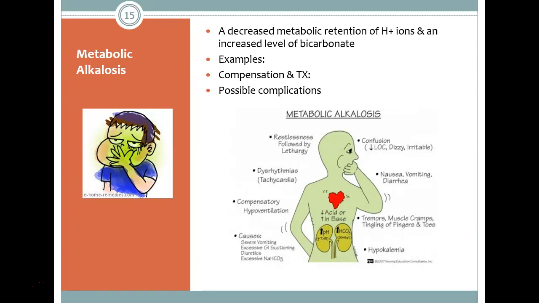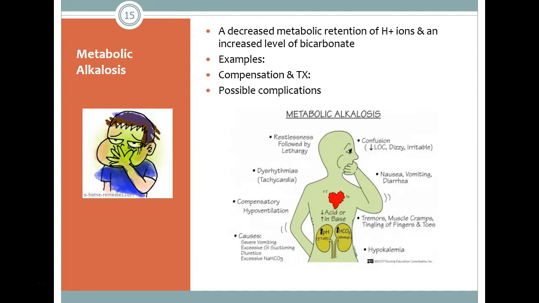And if it isn't due to severe vomiting, it is due to nursing going in and being too aggressive on the GI suctioning. So we will literally set our GI suction and be too aggressive with it. So we have suctioned out too much acid out of the body, causing this decrease of hydrogen ions and increase of bicarb.